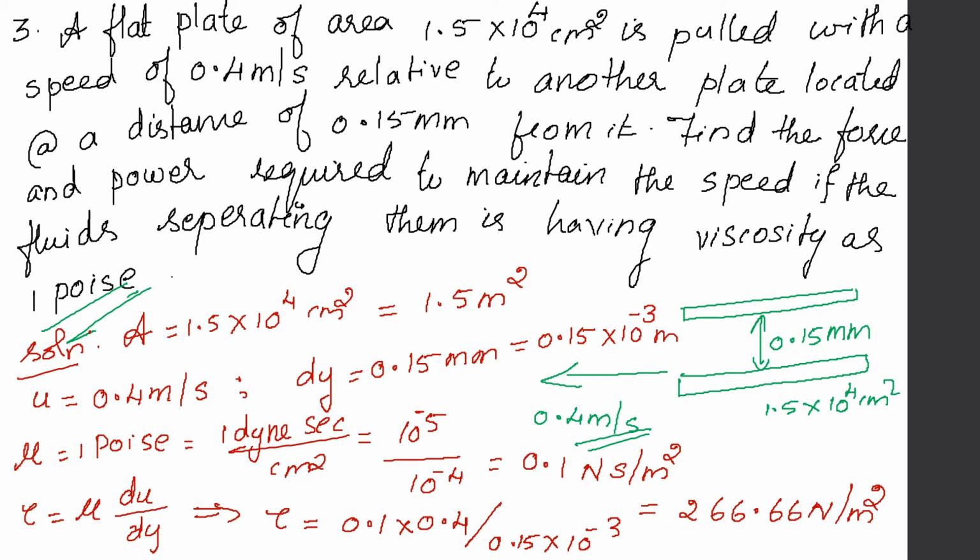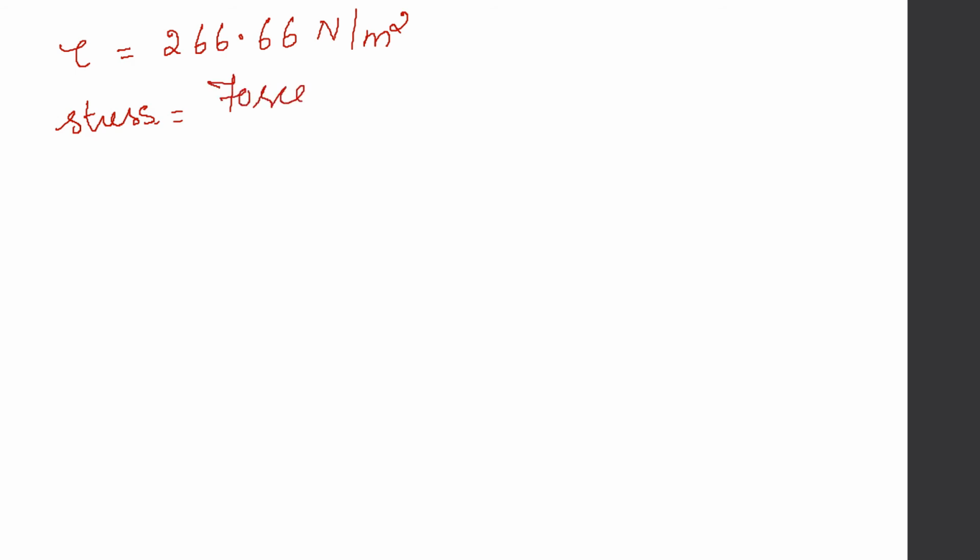So we got the shear stress tau is equal to 266.66 Newton per meter square. We know shear stress is equal to force by area. Therefore, shear stress is equal to shearing force by area.